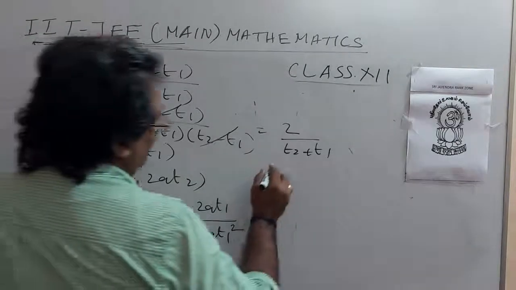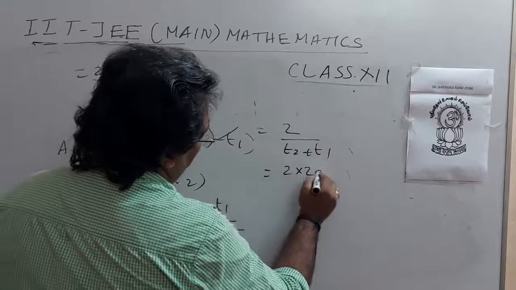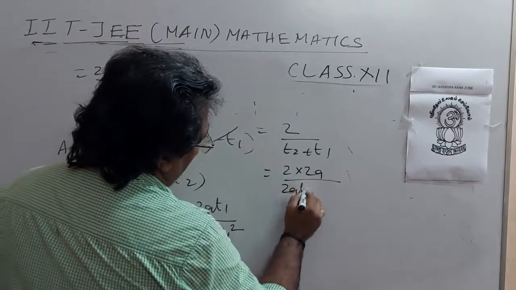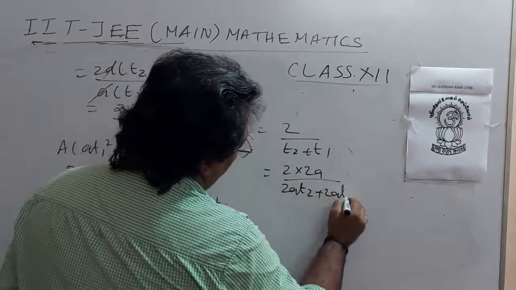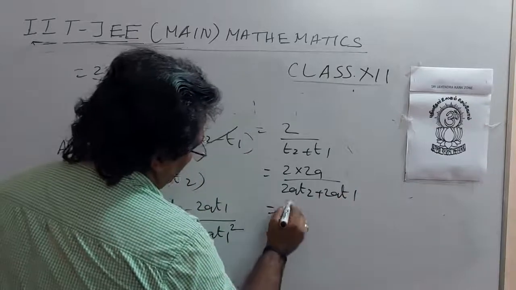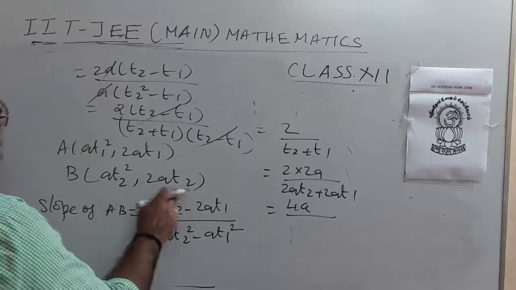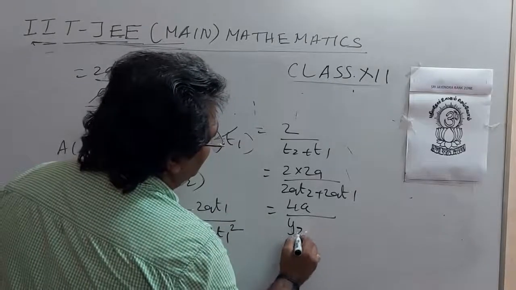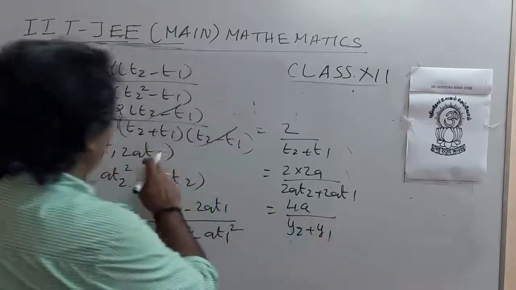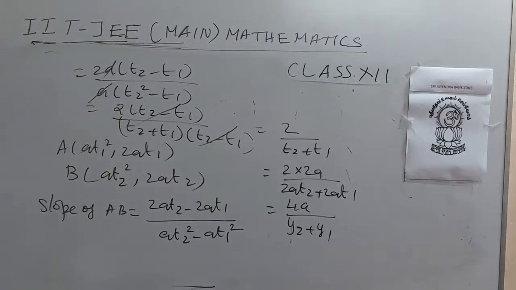Multiplying by 2a in the numerator and denominator, so 2 into 2a by 2a t2 plus 2a t1, that is 4a by y2 plus y1.